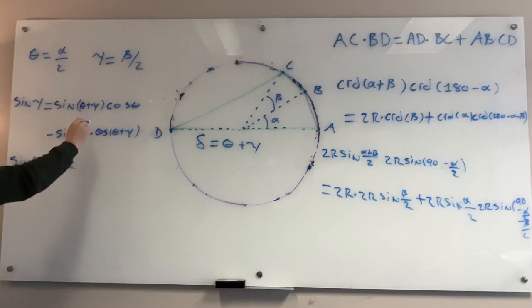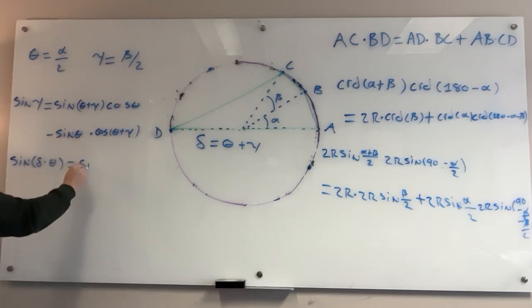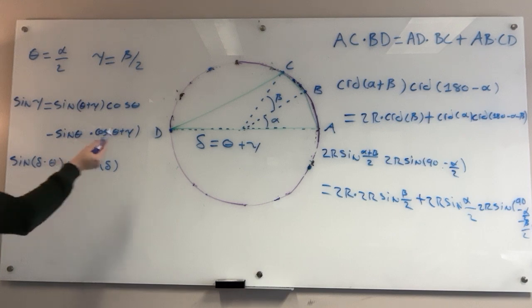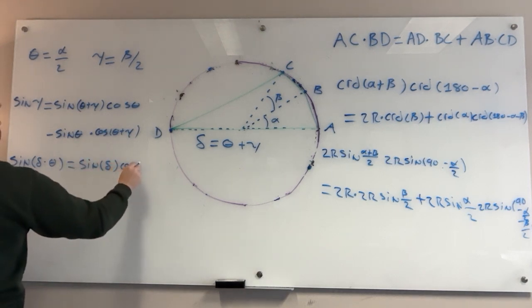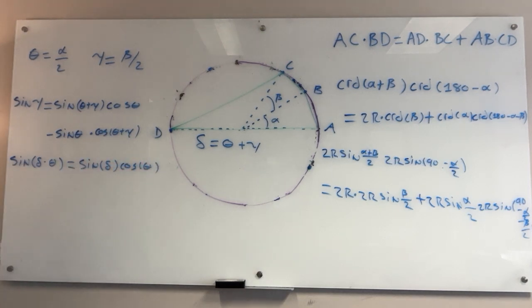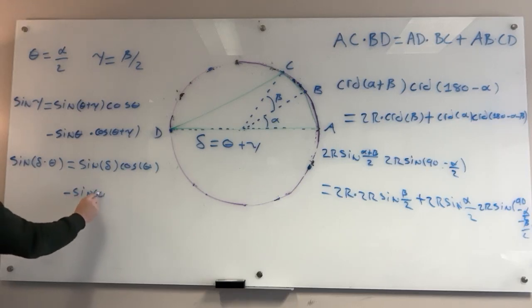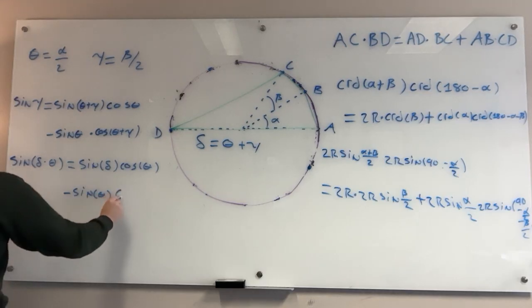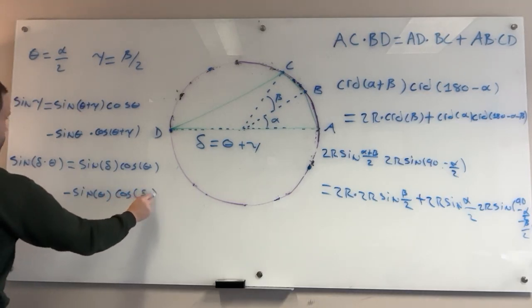Now over here, theta plus gamma is delta. So we're going to get sine delta, then theta just is what it is, times cosine theta, minus sine theta, and then theta plus gamma is delta, so cosine delta.